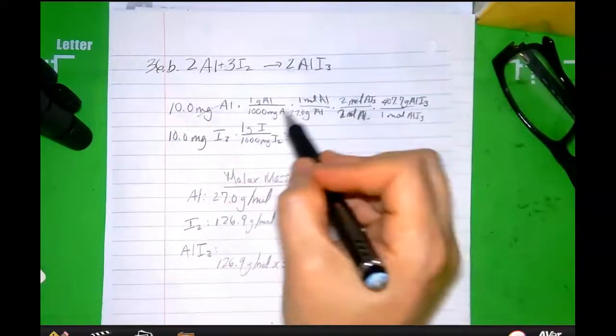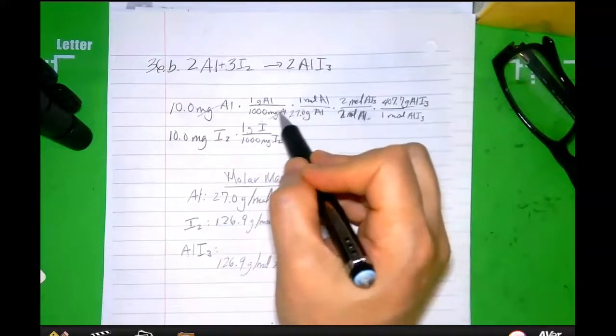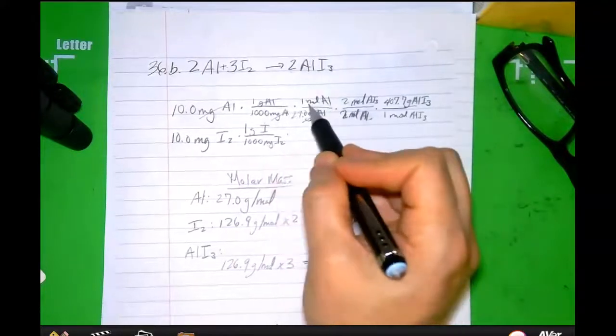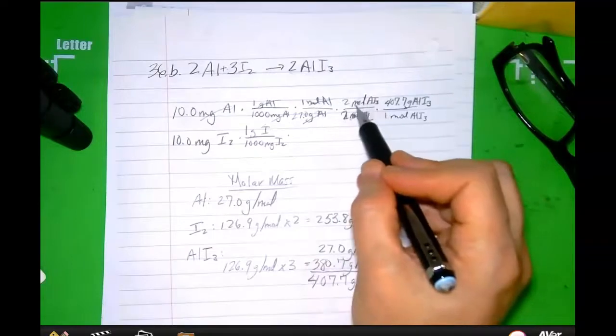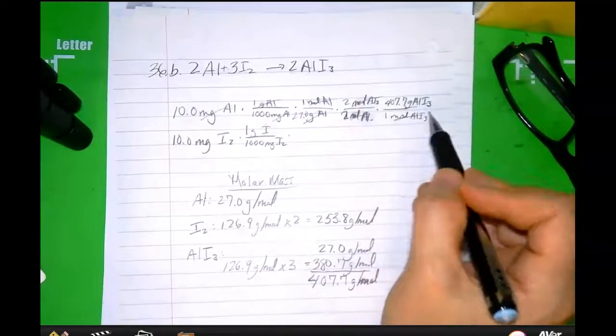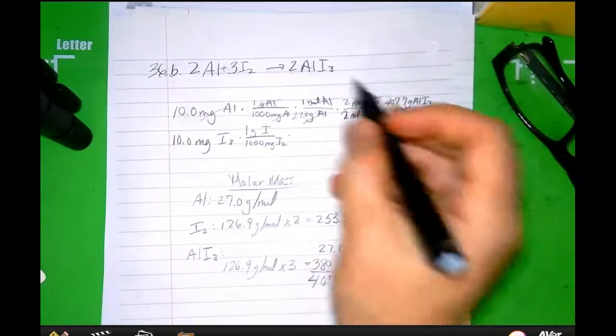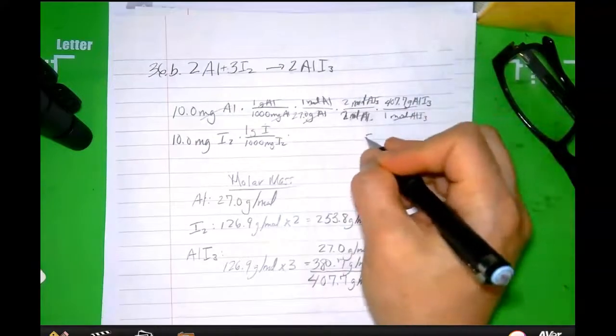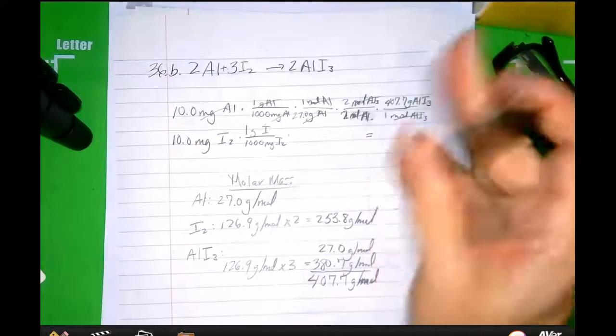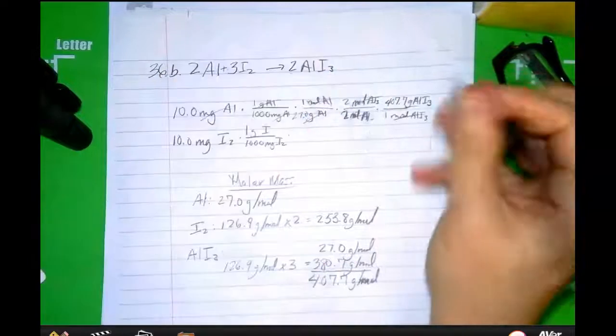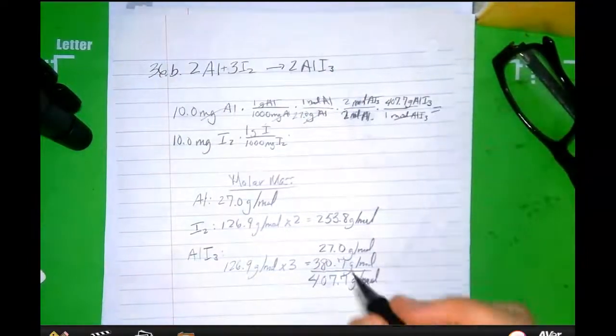And I cancel out milligrams of aluminum, grams of aluminum, moles of aluminum, moles of aluminum iodide. And I'm left with grams of aluminum iodide, which is what I want. And I will total that up in a second.